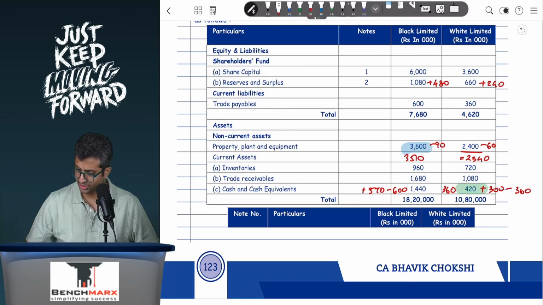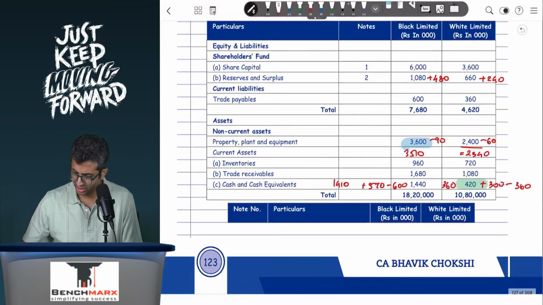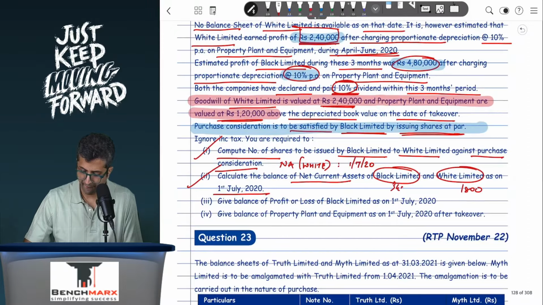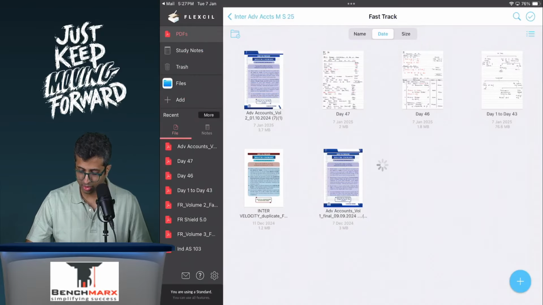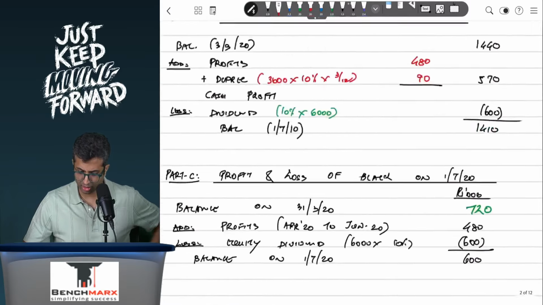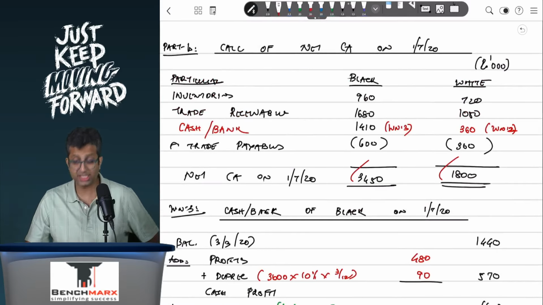All else remaining constant, over here your net current assets would be 960 plus 1680 plus 1410 minus 600. This is 3450. So when you do this working, you will have, let's say, for Black 3450, for White 1800.